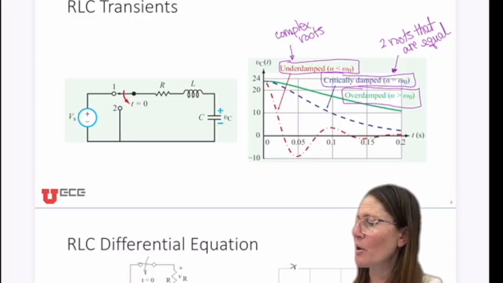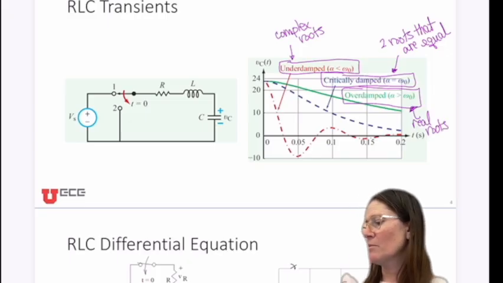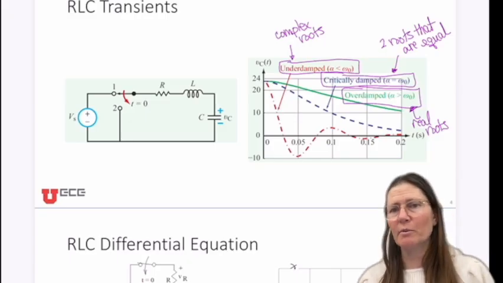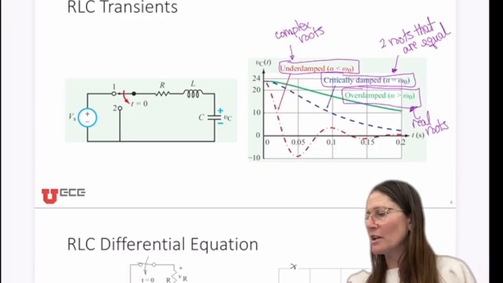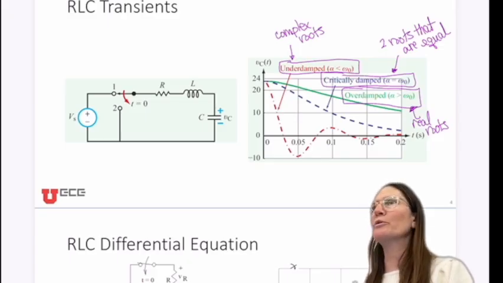And for overdamped, this is when you have real roots, meaning there are 2 different fixed values for them. We're going to get into what those roots mean in a minute.